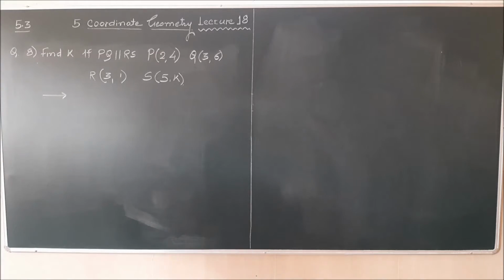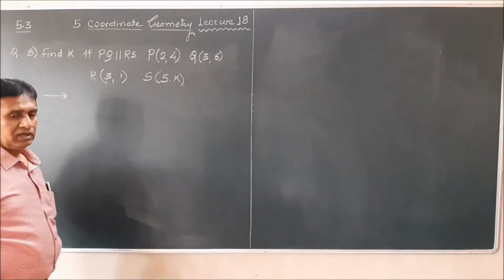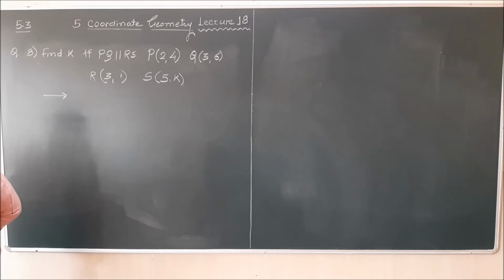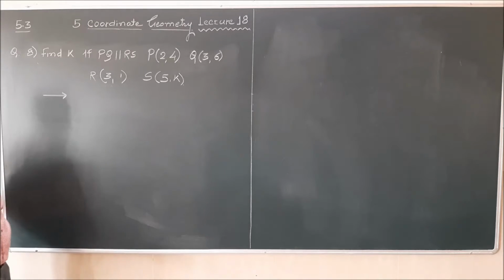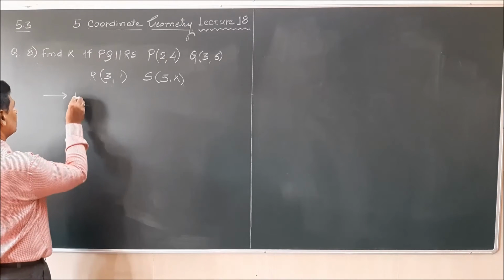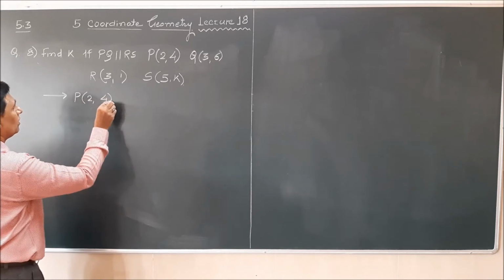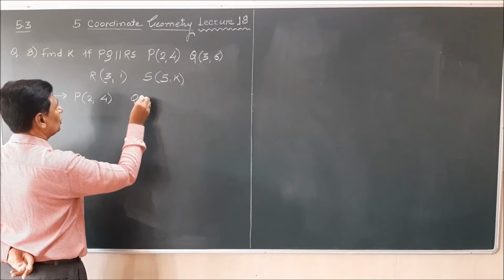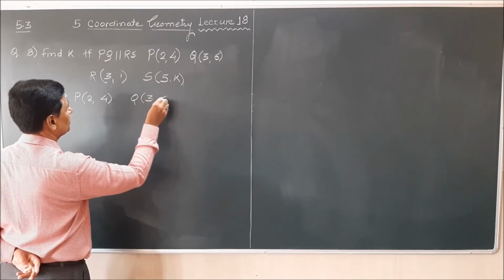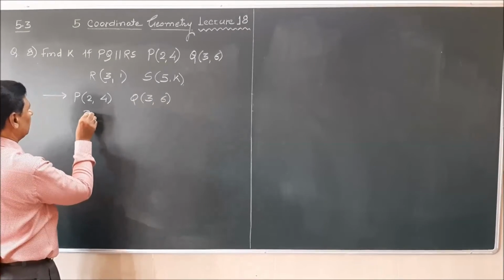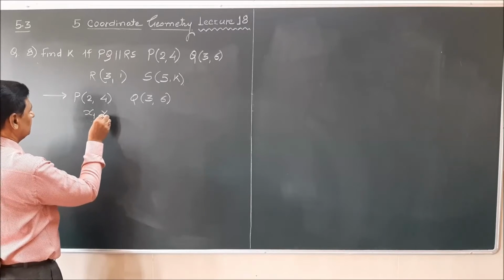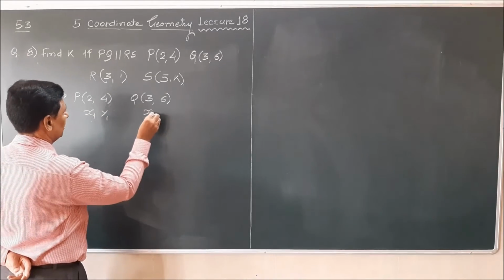Now PQ is given parallel to RS. If PQ is parallel to RS, I will label the coordinates of P as usual 2, 4, and Q, which is given as 3, 6. I will label P as x1, y1, while Q as x2, y2.